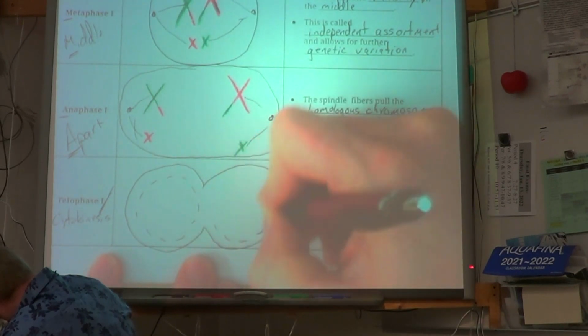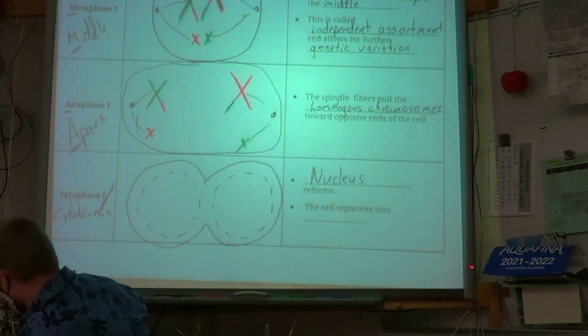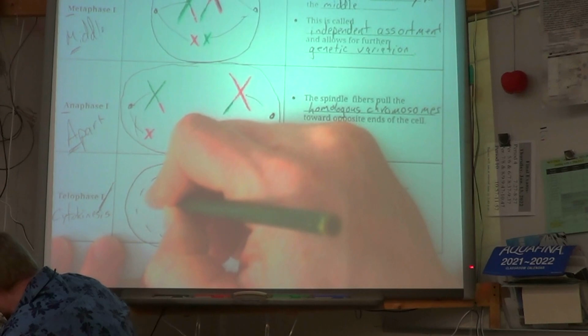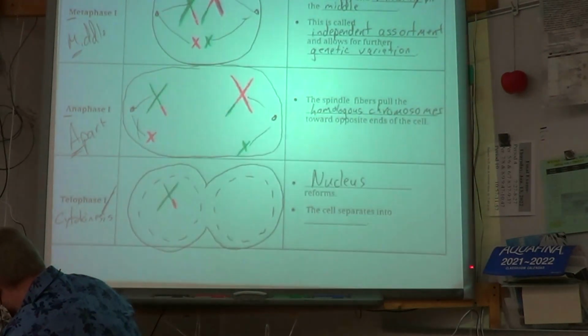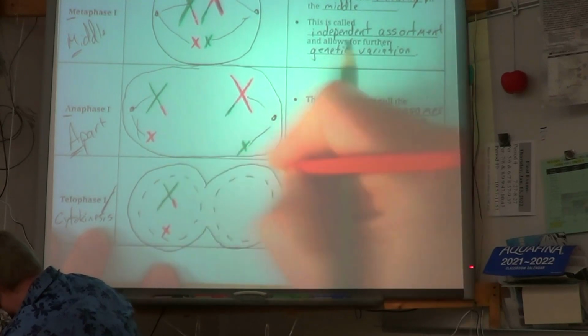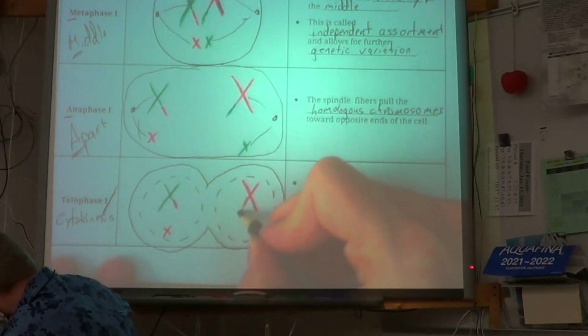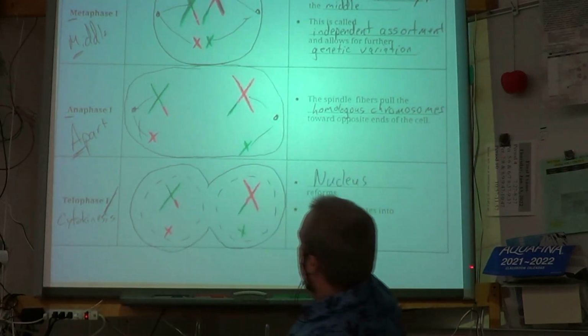But the nucleus starts to reform. And what we end up with is a cell that looks something like this.